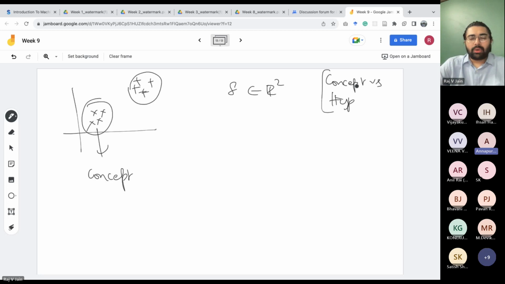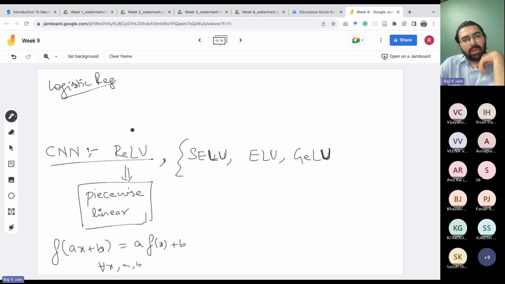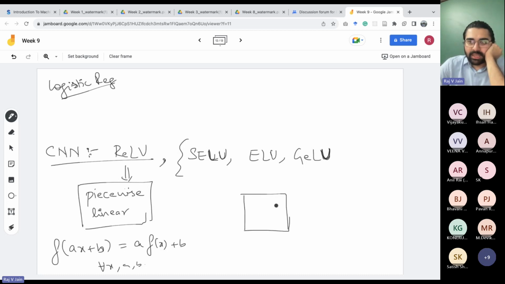Sir, can CNNs be used for regression also? Yes. Let's say in an image you have some object here and some other object here, and you want to know the distance between them.